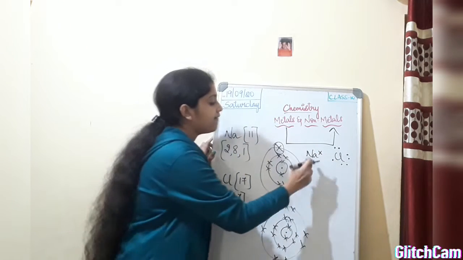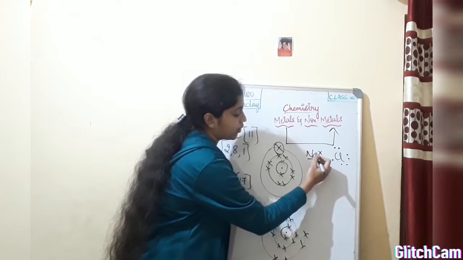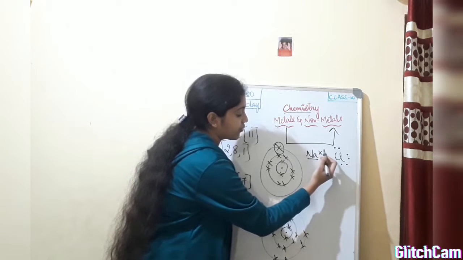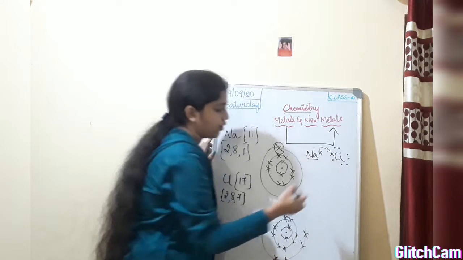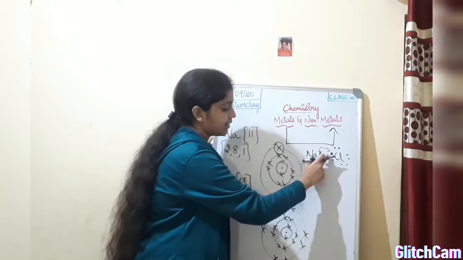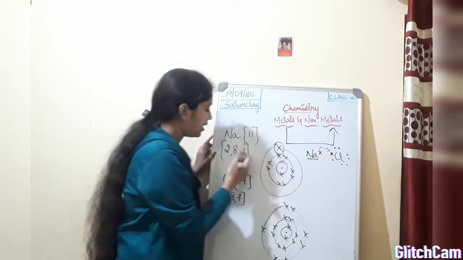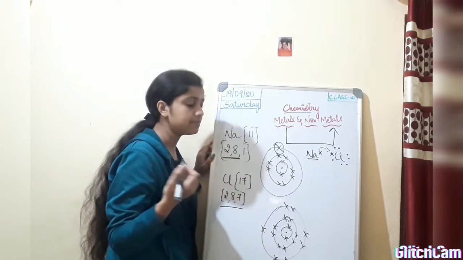So when a metal reacts with a non-metal, sodium gives away its extra electron to chlorine. When sodium donates its extra electron, sodium becomes stable and chlorine becomes stable.